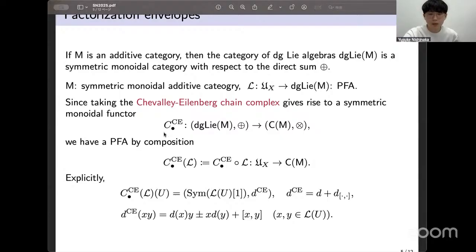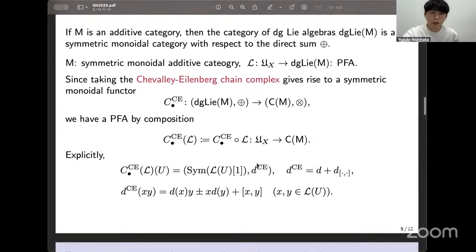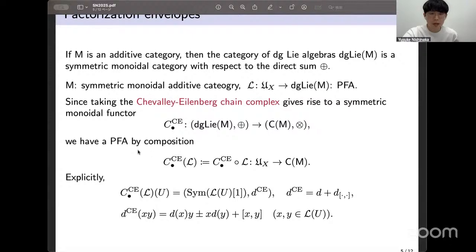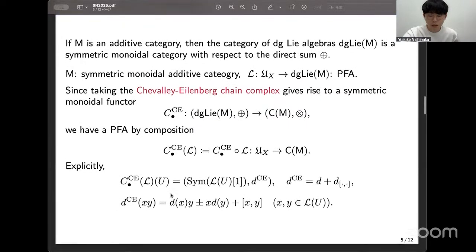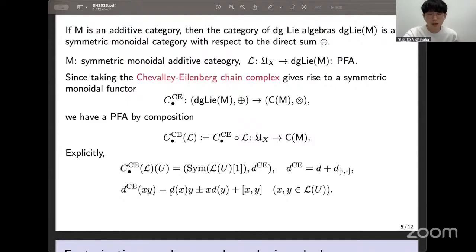This gives a symmetric monoidal functor from dg Lie algebras to chain complexes. By composing with L, we obtain a new prefactorization algebra. This is what we call the factorization envelope. Explicitly, the Chevalley-Eilenberg chain complex is the symmetric algebra of the shifted space A[1] equipped with a derivation d_CE. This differential is the sum of the one coming from the differential of L and the one induced from the Lie bracket of L.